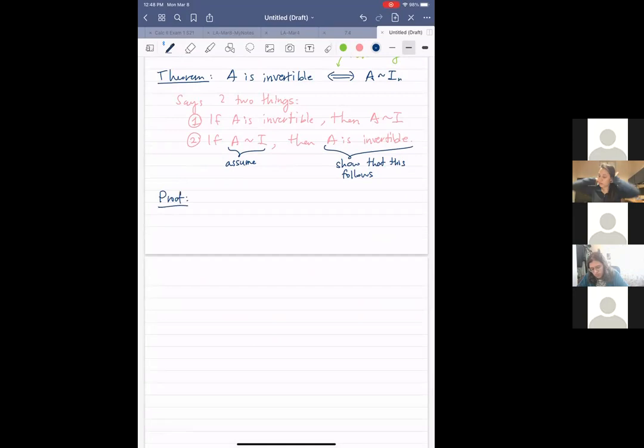So starting off this proof, we'll start with the first statement. So part 1, right? We assume that A is invertible. And our goal is to show that A row reduces to the identity matrix, right? Okay, so this is what we're looking to do.